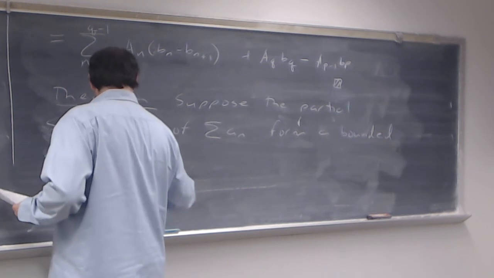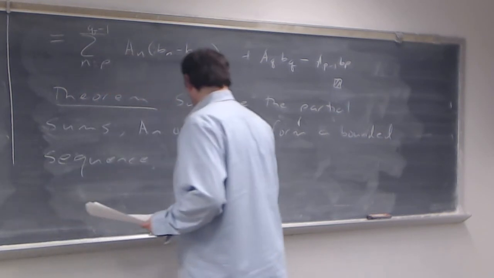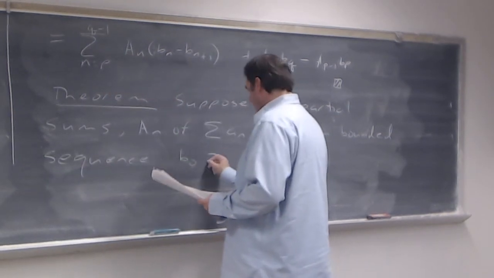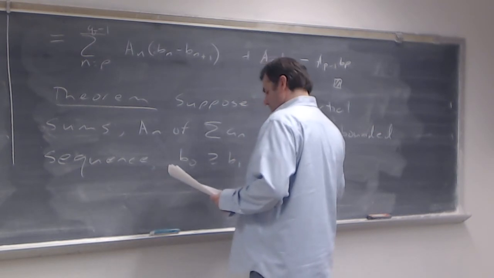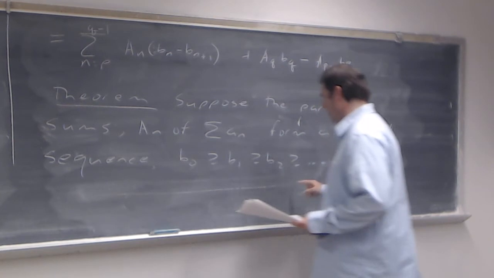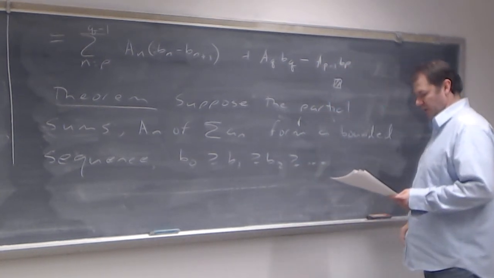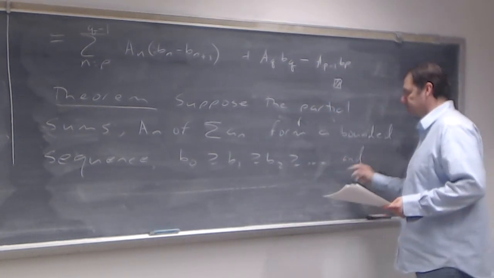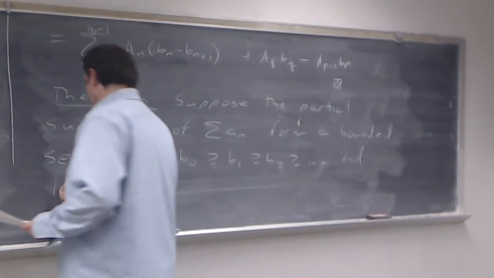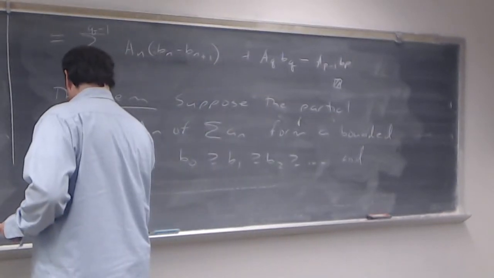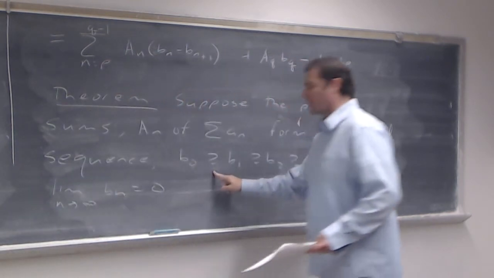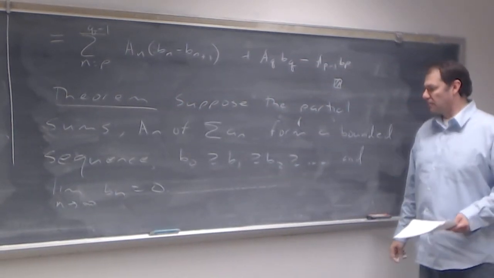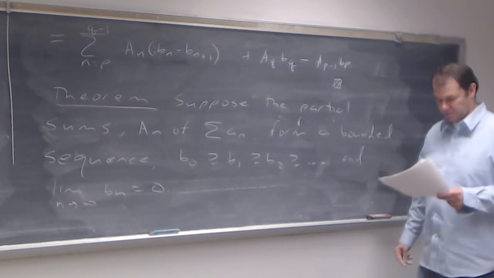And we start looking at a different sequence of real numbers, b sub 0 is greater than or equal to b sub 1, greater than or equal to b sub 2, and so forth. This sequence of real numbers also has the characteristic that the limit as n goes to infinity of b sub n is equal to 0. This is a monotonically decreasing sequence, and its limit is 0.